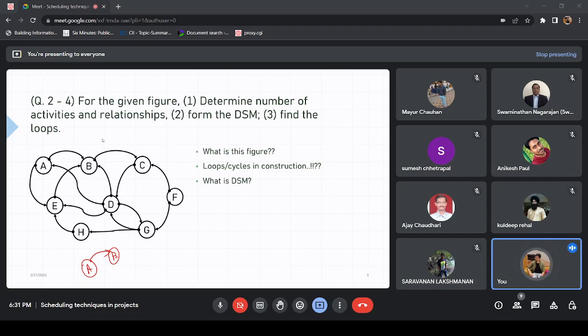Now, can you see some loops here? Let me bring your focus to D and G. D is giving information to G and G is giving information to D, right? If we had to do it in CPM or PDM, we don't have formulas to solve this. Either we'll be going forward or coming backwards.